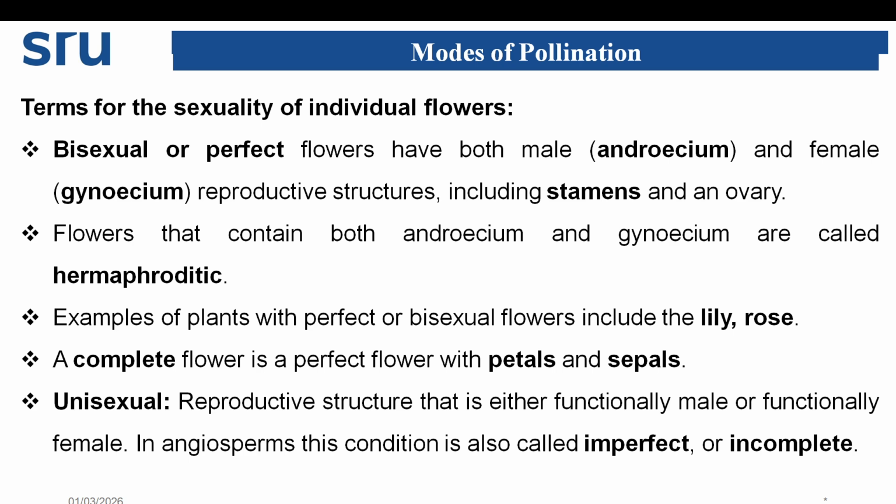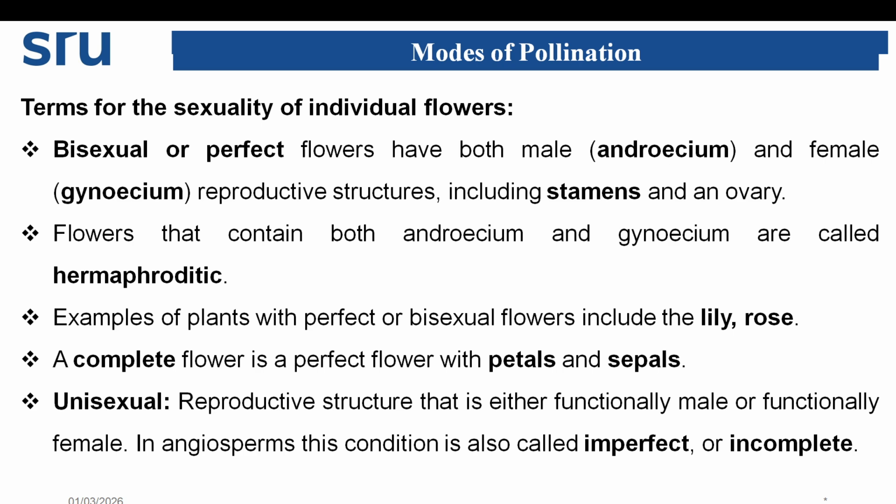Examples of plants with perfect or bisexual flowers include lily and rose. A complete flower is a perfect flower with petals and sepals. You may be aware that there are four floral whorls: calyx, corolla, androecium, gynoecium. When androecium and gynoecium are both present in a flower, it is called a bisexual flower, right?